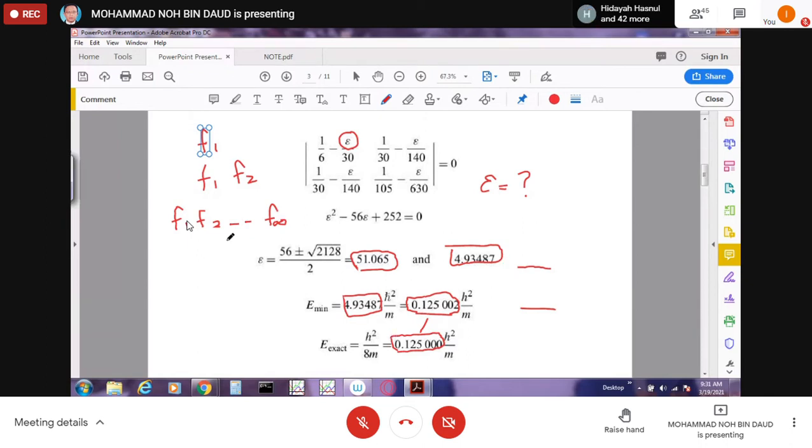If we are able to include an infinite number of basis functions, our calculated ground state energy will be equal to this exact energy 0.125. At the same time, we get here the second lowest energy.